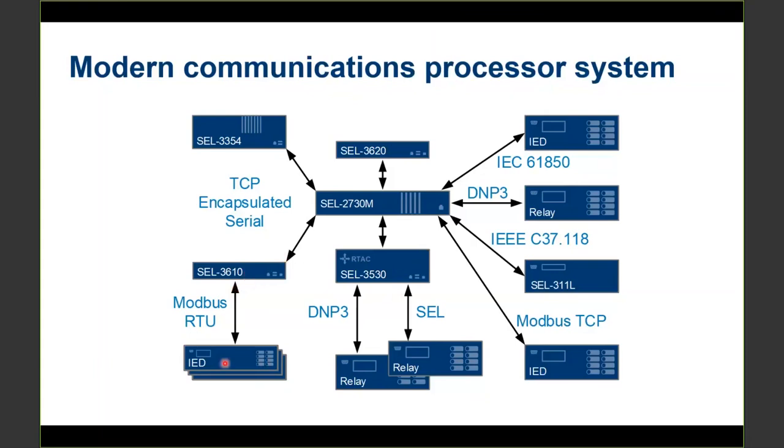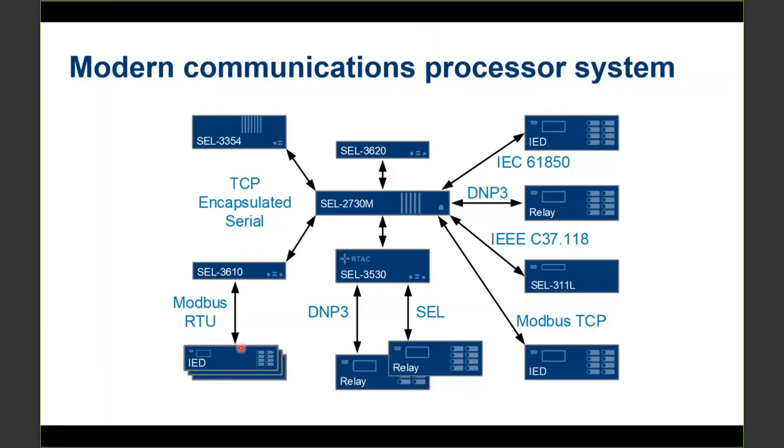My 3530 will connect to the 3610 using its IP address and a specific TCP port, and in the 3610 settings, I will associate TCP ports with specific serial ports. The 3610 will remove all the Ethernet header and send only the serial protocol to the relay.